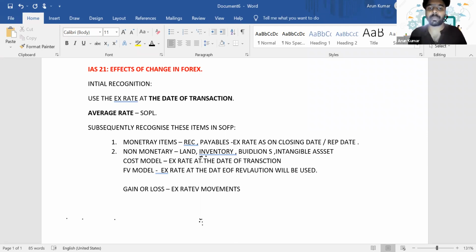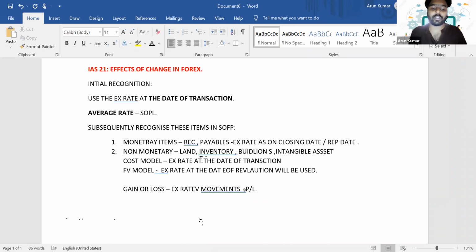Yes, we'll account for it as a part of your P&L. So if there is any kind of exchange rate movement, then we'll account for this movement in the P&L. Is it clear, everyone? So these are the main adjustments you have to learn with respect to IAS 21.